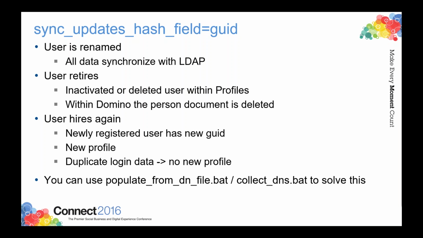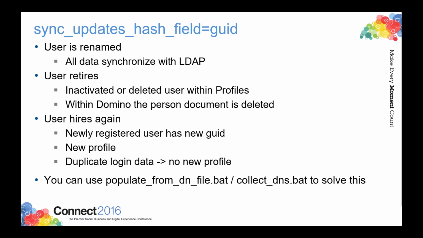Within Active Directory, I often see at customers that they only deactivate users, and then they only have to reactivate them. Then nothing special must be done. Within Domino LDAP, your user will get a new profile, and you maybe get a duplicate login data error within TDI, and no new profile will be created.